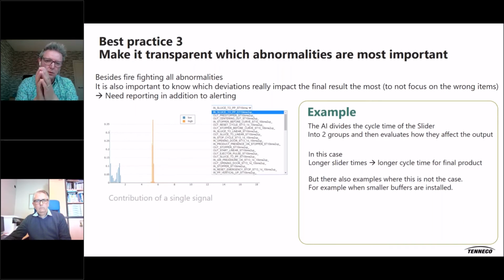And in this example, the AI tool is analyzing whether there is a relation between a slow and a fast movement of this action in comparison with the output of the machine. And in this case, you would see, yes, there is, but there are a lot of cases where abnormality of certain movements is not affecting the machine output at all. So we should not focus on that.